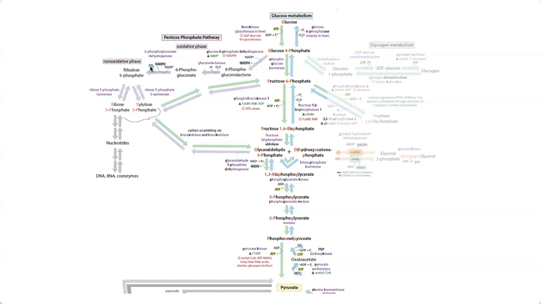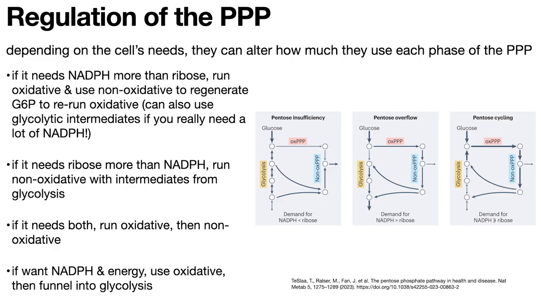And we'd be able to just oxidize all those original carbons away and generate a bunch of NADPH. But if we want to actually use the nucleotides, then that's not going to work unless we funnel more products in from glycolysis. And if we funnel the products in from glycolysis, then we can't get the energy. So you just kind of have to think about various scenarios and when your cells would want to do what.